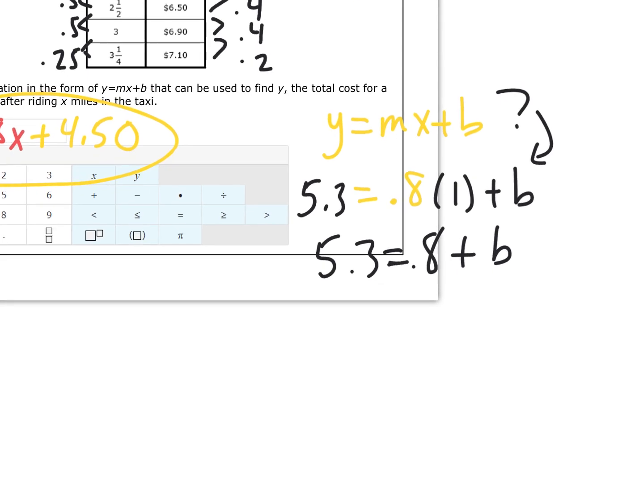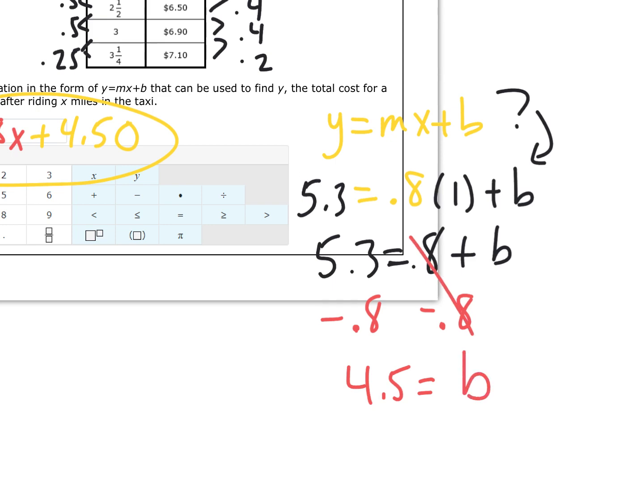And the last step here is, how do I undo a positive 0.8 on this side? Well, I have to subtract 0.8 on both sides. And so 5.3 minus 0.8 is 4.5 equals, these cancel, leaving me with b.